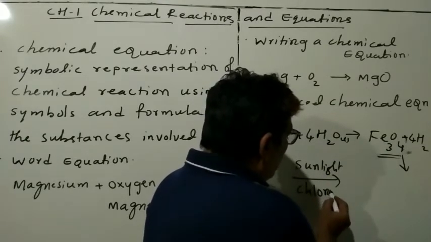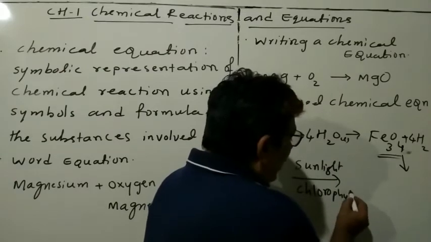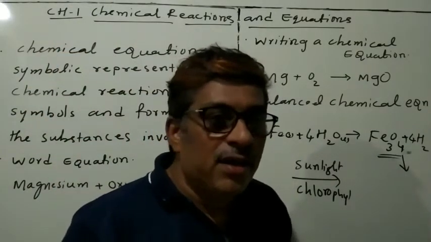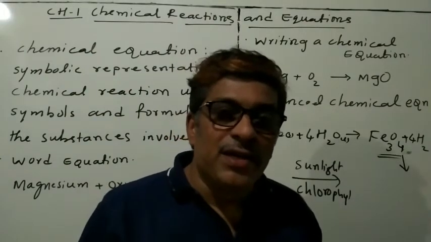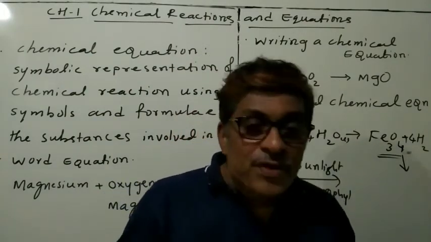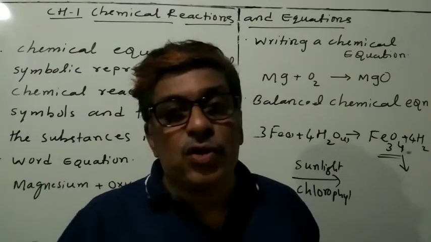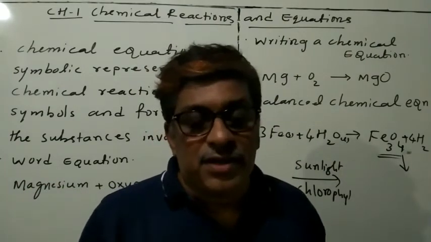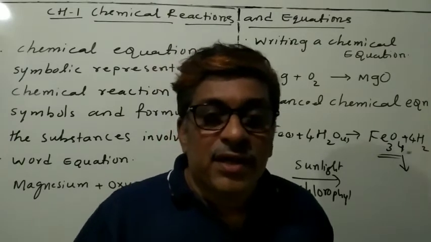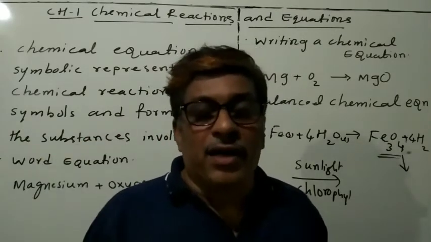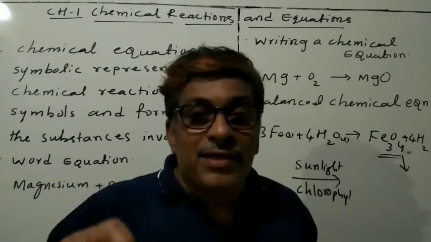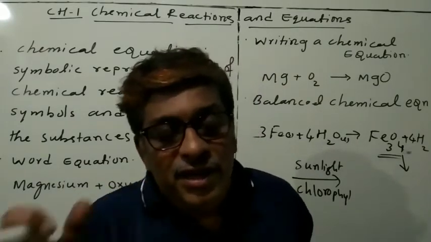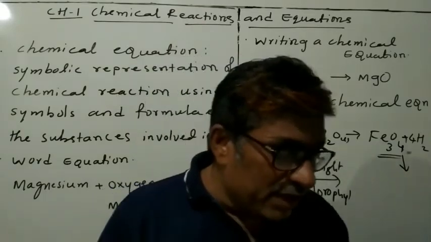So this you have to write above the arrow mark. And sometimes a catalyst is written. What is meant by a catalyst? A catalyst is a substance that increases the rate of the chemical reaction, but itself remains unchanged. It will not change, but increases the rate of the chemical reaction.